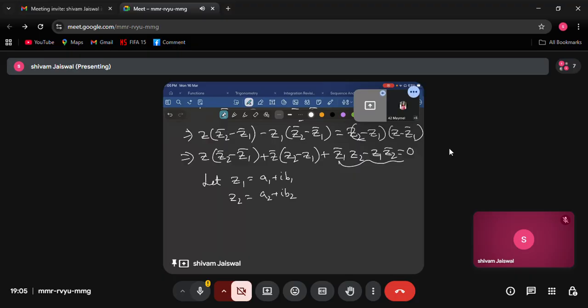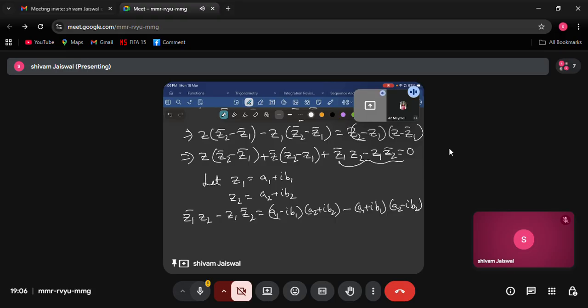If you find out Z1 bar into Z2 minus Z1 into Z2 bar, what will you get? This will be equal to A1 minus iota B1 into A2 plus iota B2 minus A1 plus iota B1 into A2 minus iota B2.